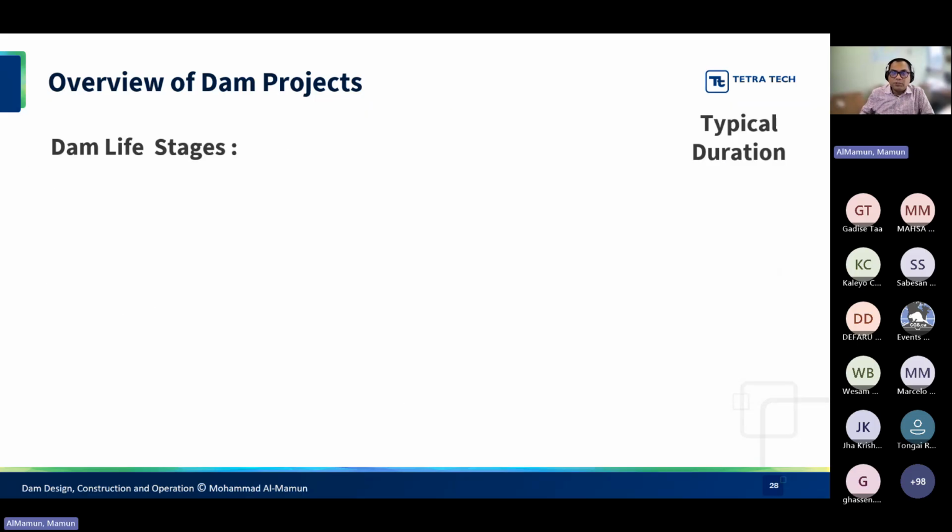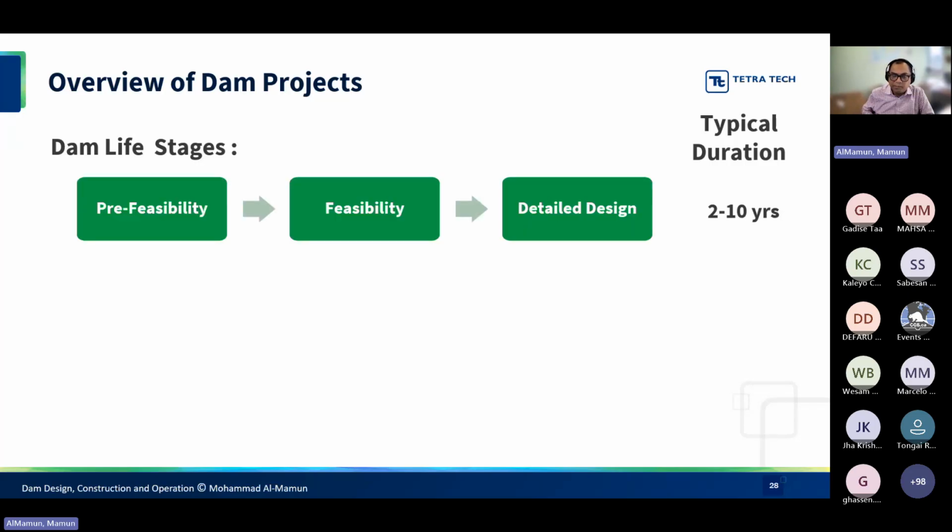So dam projects go through pretty elaborate life stages. Starting from what we call the pre-feasibility study, I'm going to elaborate on each of these boxes a little bit with some practical examples that I was involved in, so that I can give you a little more detail.